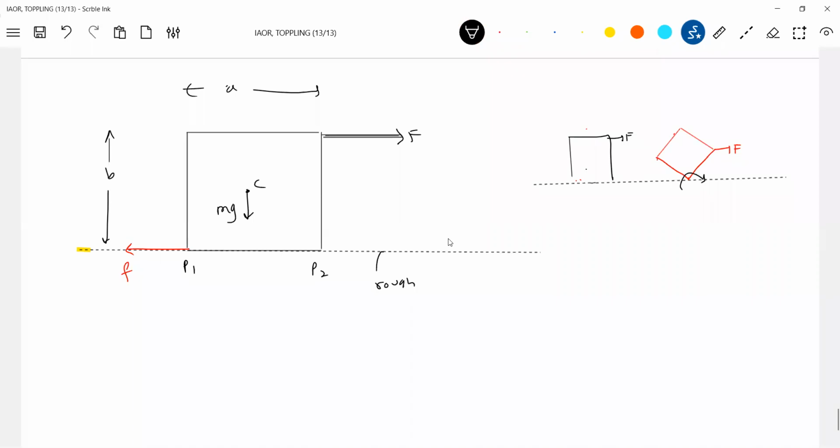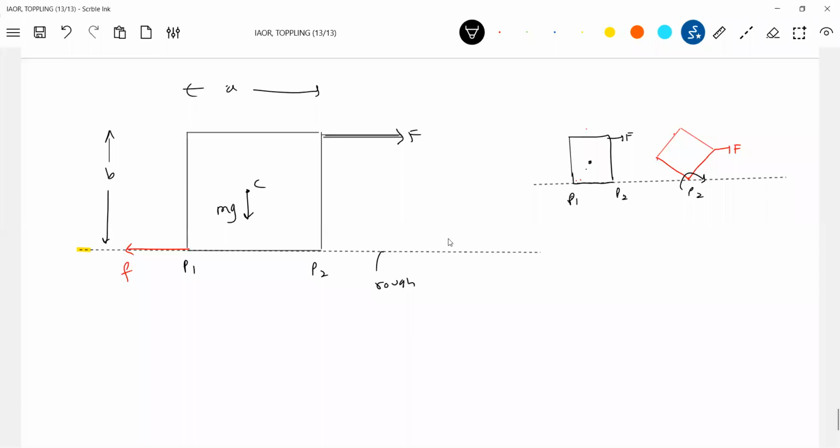Agree? This is very general. Sir, why does it rotate like this only? You must have basic common sense. Why doesn't it rotate anti-clockwise about P1? It will tip about point P2, not about P1. When you apply force here according to the diagram, it will tip about point P2.